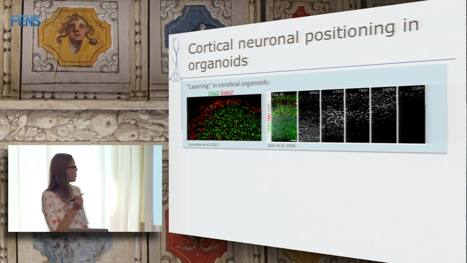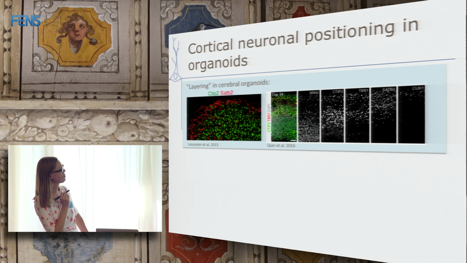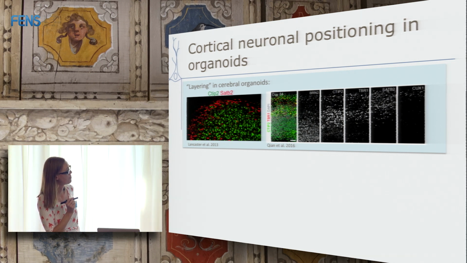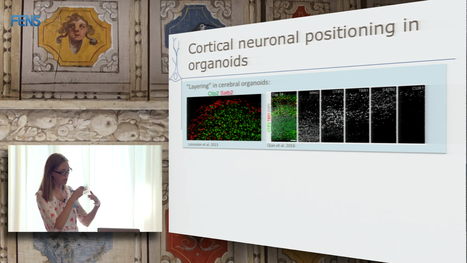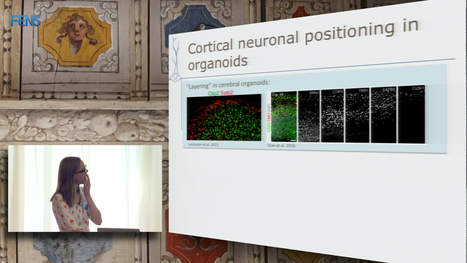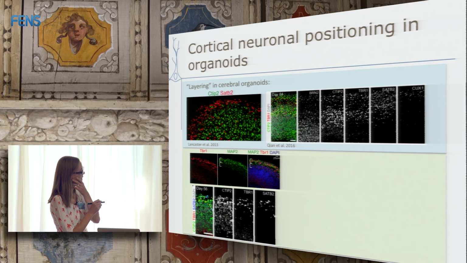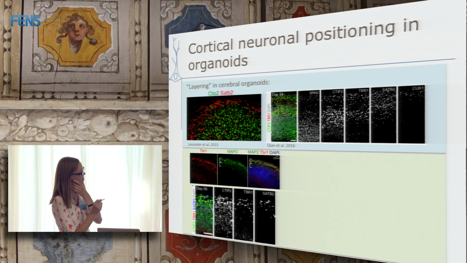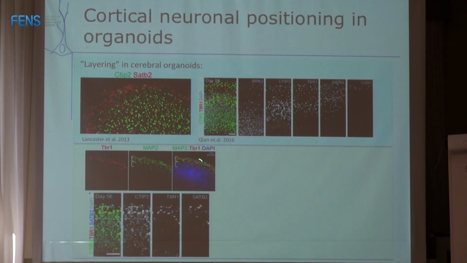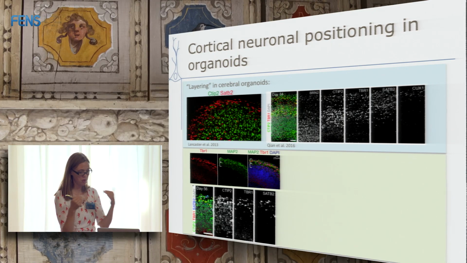We described the sort of rudimentary separation of deep and superficial layers. Others had described a more extensive separation of layers. I thought that was quite interesting because if you look at early stages, I started wondering how it manages to do that. Early on, the neurons, in both of these images from these two papers, don't really seem to be well organized.